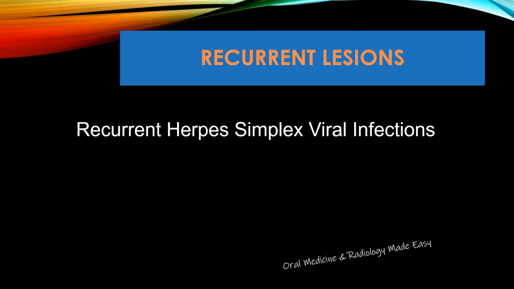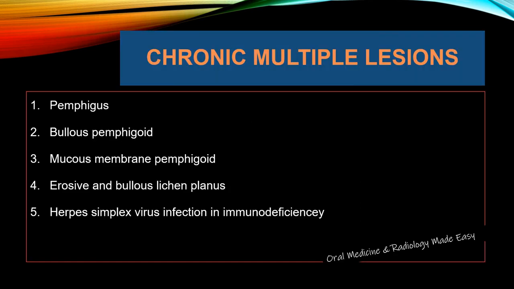Under recurrent, we have only one infection, that is recurrent herpes simplex viral infection. Under chronic, it's mainly immunological disorders like pemphigus, bullous pemphigoid, mucous membrane pemphigoid, erosive and bullous lichen planus and herpes simplex infection in immunodeficient people.